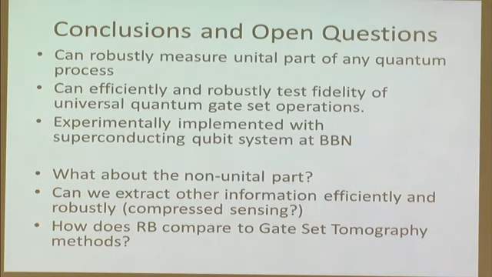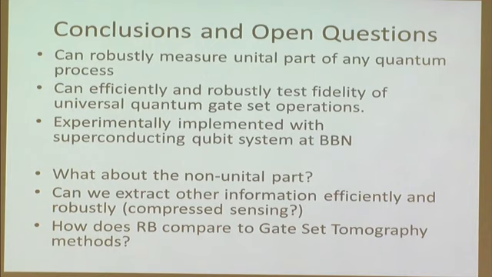So some questions for future research are, there's this non-unital part that we weren't able to characterize. Somehow we'd like to be able to access that as well, even in a robust way. Something I'm also interested in is combining a procedure like randomized benchmarking with compressed sensing, which has been very successful in tomography procedures for states and also processes.